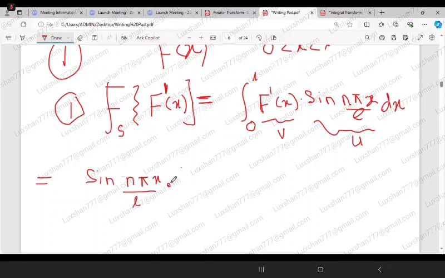So integration of f dash x would be fx, minus 0 to L. So actually I have to substitute the value 0 to L. Integration 0 to L and differentiation of this one. Differentiation of this one is what?